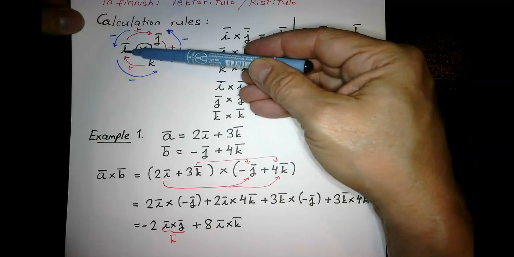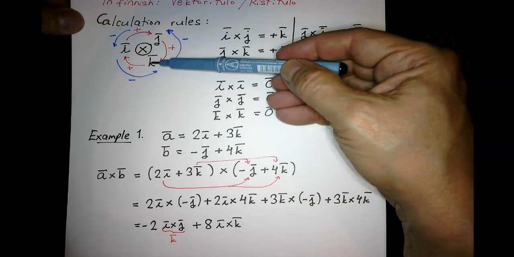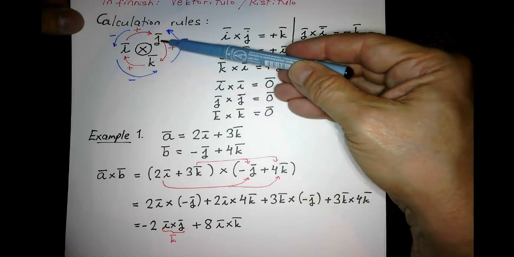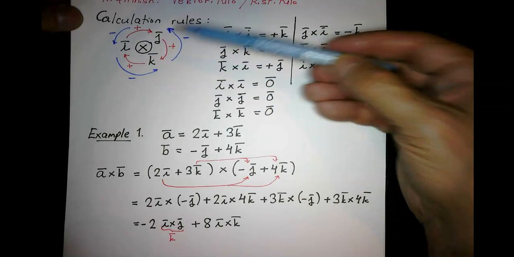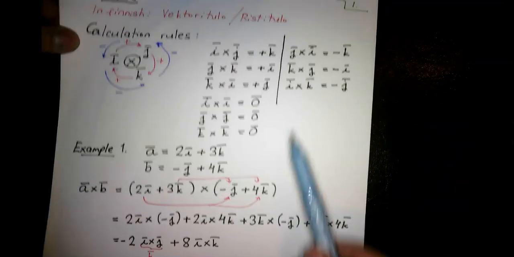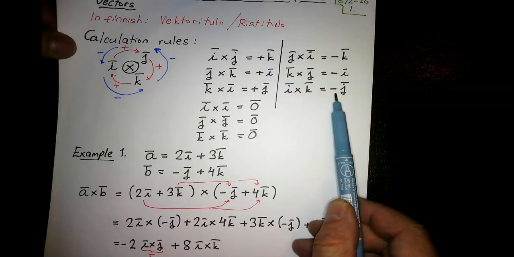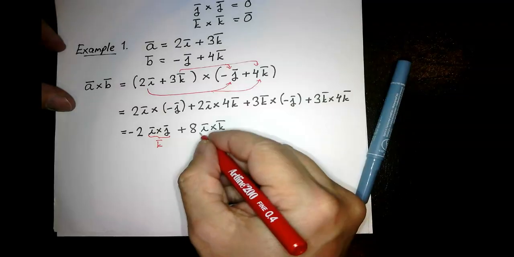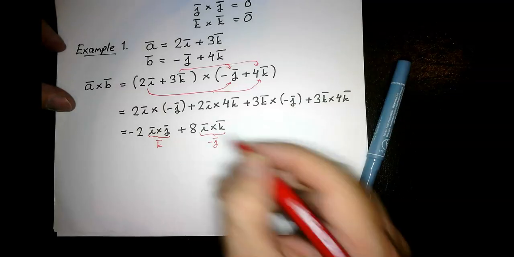When we are moving from i to k, we are going negative direction, so we will get result j, but with minus sign. And here also we saw i cross k equals minus j. So this will be minus j.